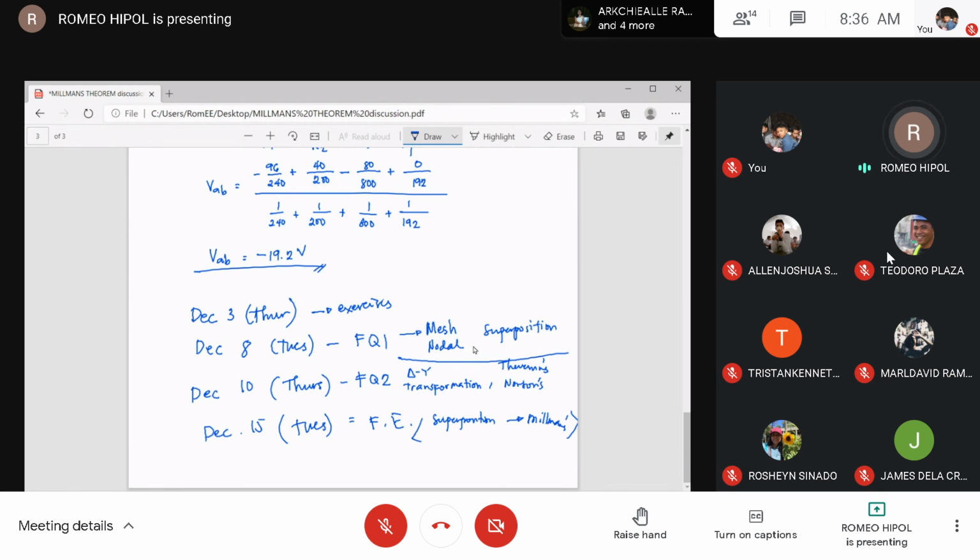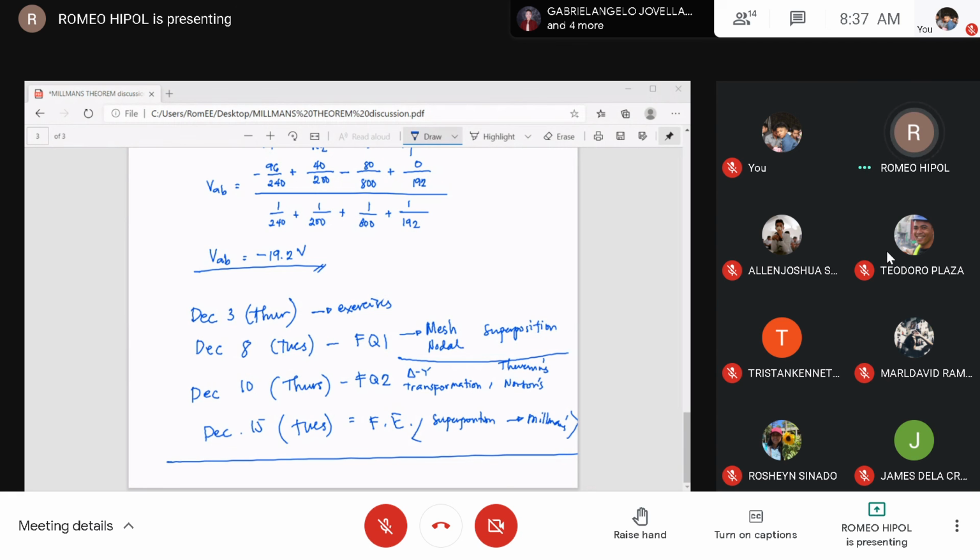Okay, so December 15 na ating final exam. So medyo magsasabi kasi, akala ko kasi aabot tayo ng 17. Ito sana yung part 1 and part 2, 15, 17. Pwede tayong mamili ng date.